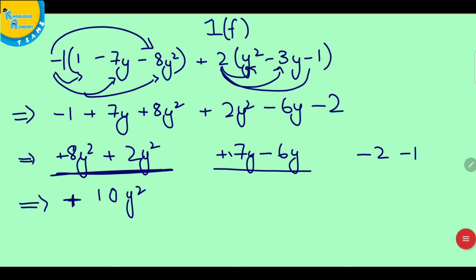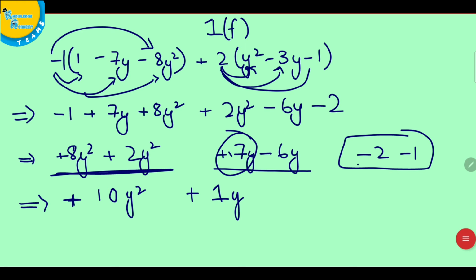The operation will be subtraction. 7 minus 6 is 1y, and the sign will be the sign of the bigger term, that is 7y. Now minus 2, minus 1, both of them have the negative sign. So the operation will be adding. So it's going to be 3, and the sign will be minus.